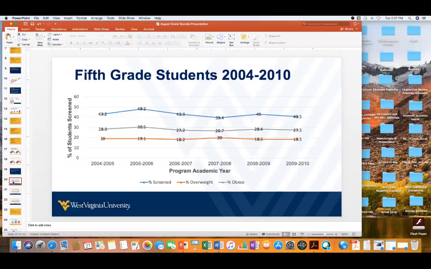Okay. So the deeper look is now, instead of looking at all 19 years, let's look at 5th grade students for that particular time period. If we look at our numbers screened, this is the proportion of 5th grade students in the whole state that were screened for cardiac.